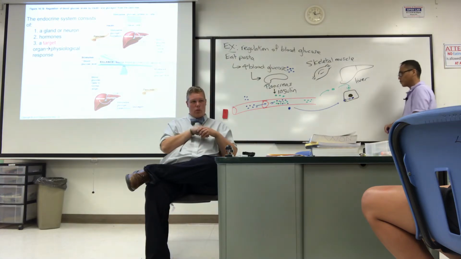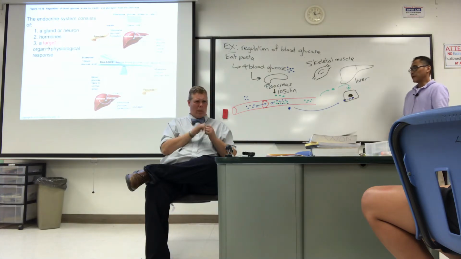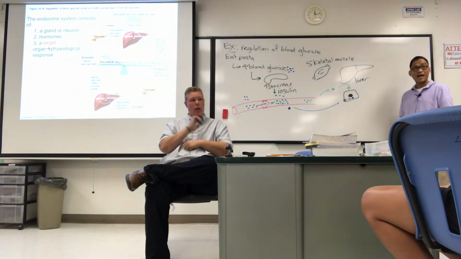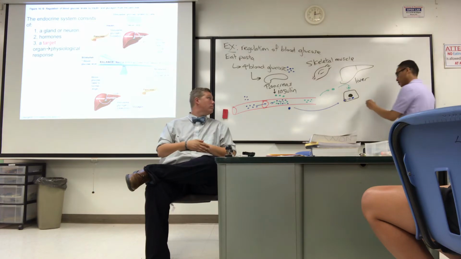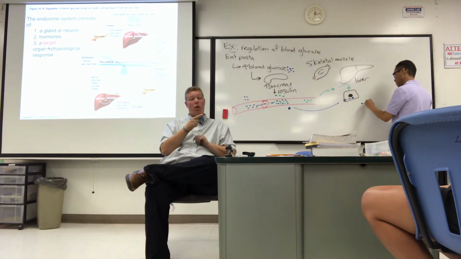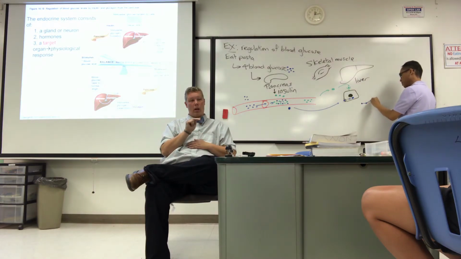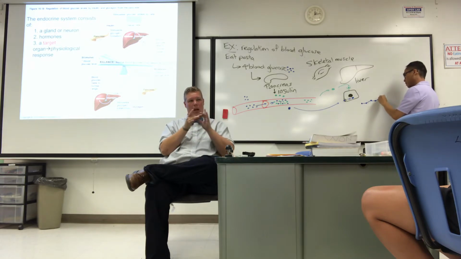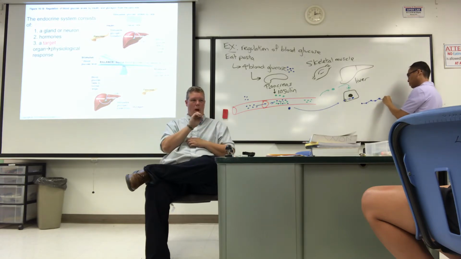What do cells do with this fuel? Well, they can burn it. They can make ATP out of it. You can study glycolysis. They can store it for energy. For example, glycogen is a chain of monosaccharides, simple sugars.